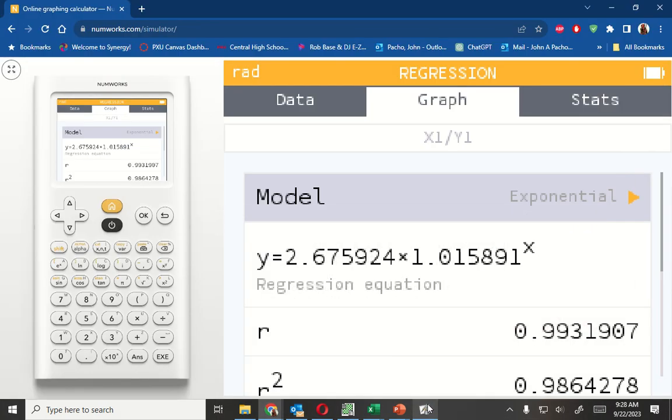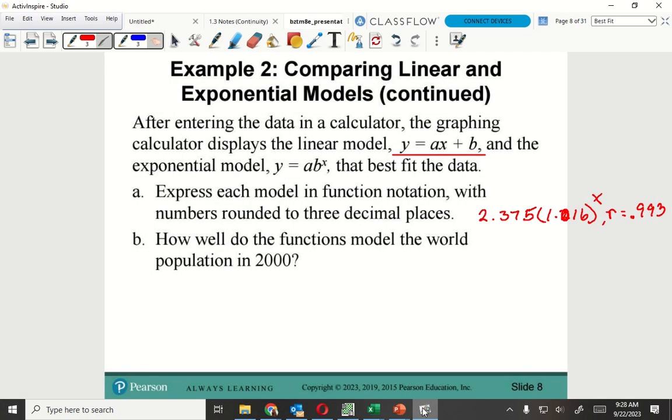Okay. That's my exponential. Write that down.